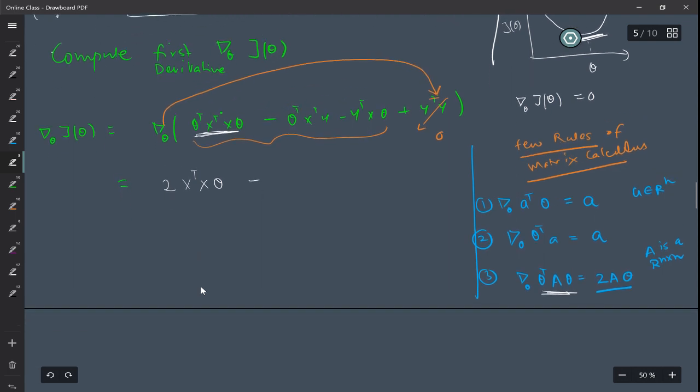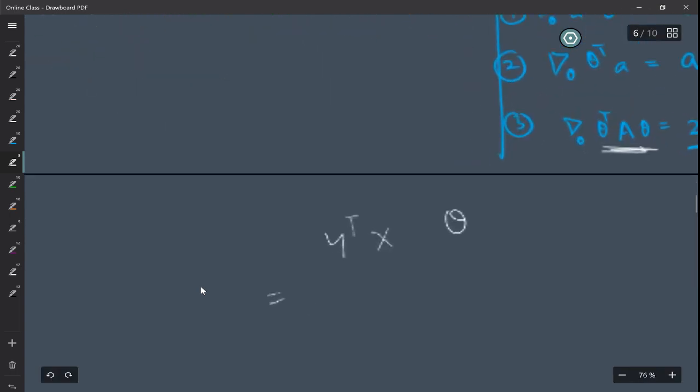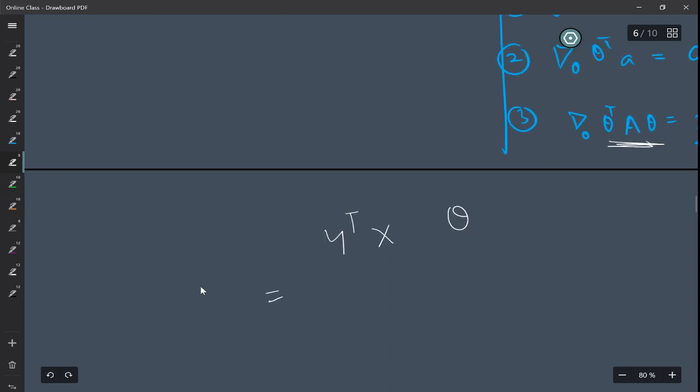And then you have this term. Let us analyze the dimensions of y transpose x theta. Y is a matrix of m cross 1, so y transpose is going to be 1 cross m.